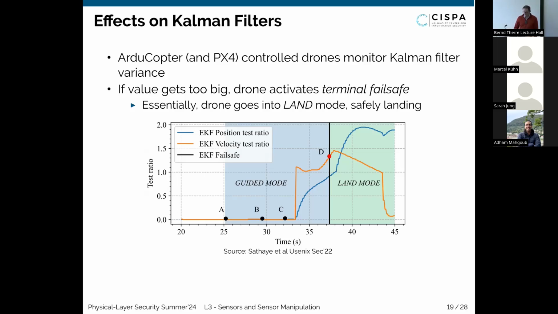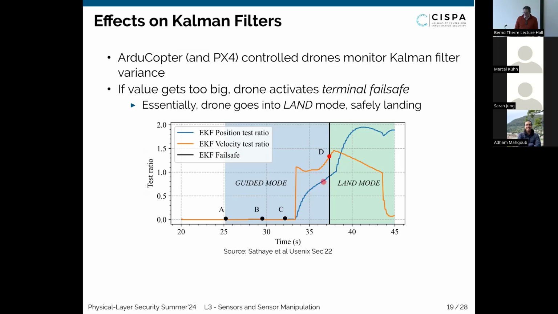This mismatch between the predicted and the real sensor readings leads to an estimation error in the Kalman filter: the variance tracked internally is too high. This is aggregated into what is called here the test ratio in the figure. So there is some way of keeping track of the error of the estimation of the prediction. And at some point, this error value got very high in two scenarios here, the green and the blue one.